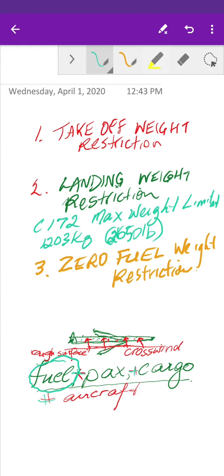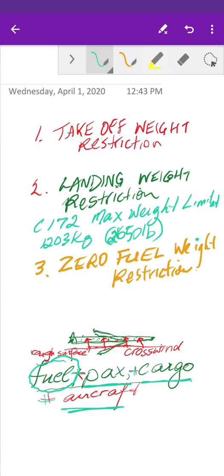So they say that when you add the passengers plus cargo plus the aircraft, it cannot exceed a particular zero fuel weight. Then the fuel can go on top of that zero fuel weight restriction so that the aircraft can actually fly from A to B.